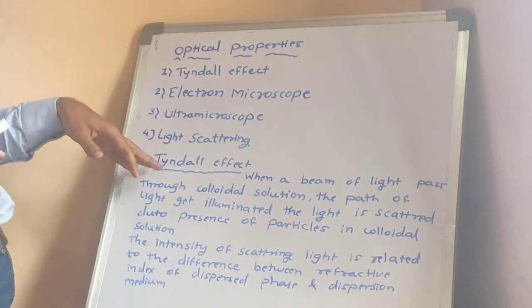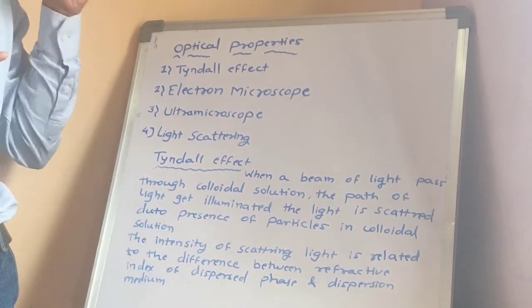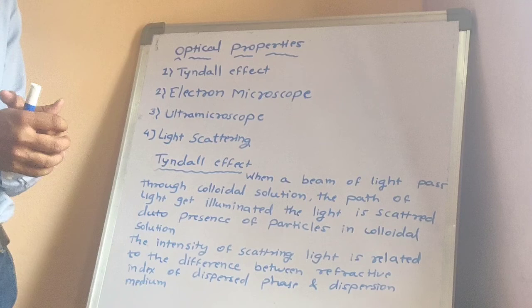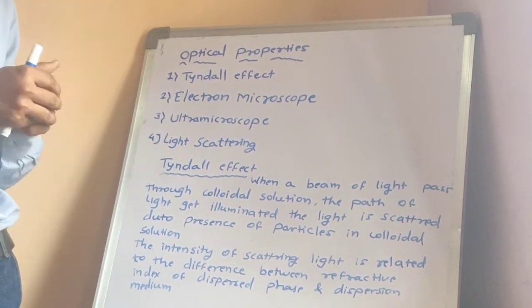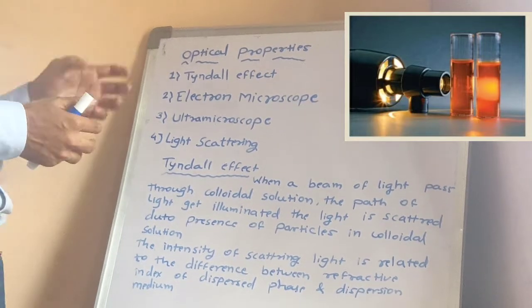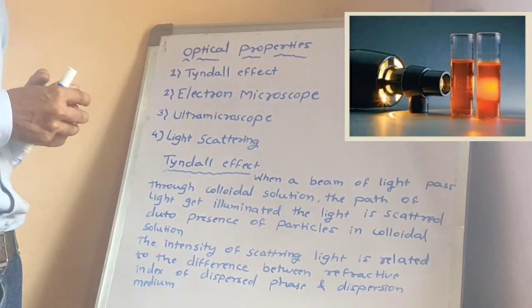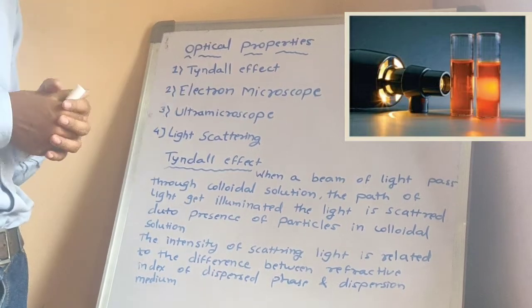As per the Tyndall effect, whenever a beam of light is passed through a colloidal dispersion, because of the presence of colloidal or dispersed particles in a continuous phase, the light beam gets hit by the dispersed phase and gets scattered.